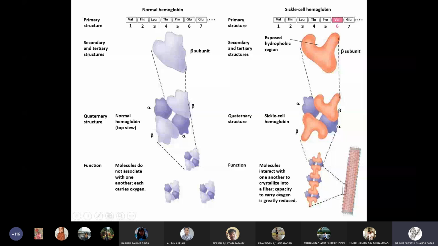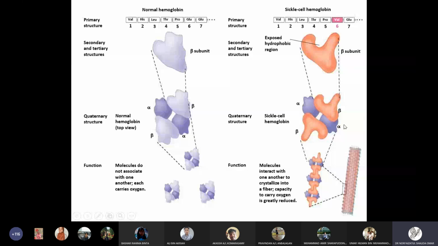So the capacity to carry oxygen is greatly reduced. When it becomes a fiber like this, it cannot carry oxygen and it might cause clots in the small blood vessels. Unlike the normal one, where the normal hemoglobin is just one subunit, so it can carry oxygen normally.